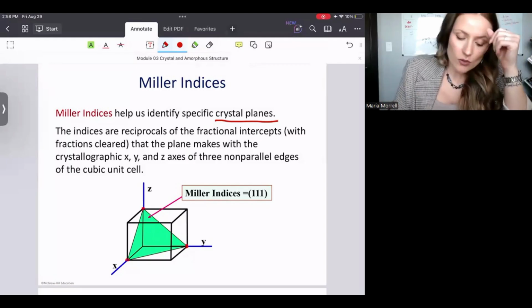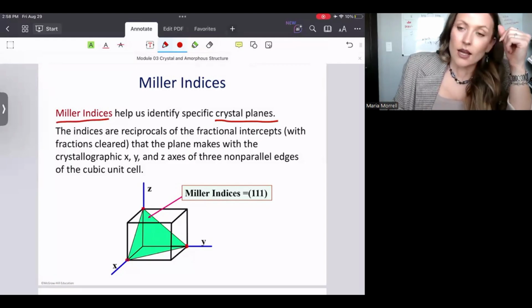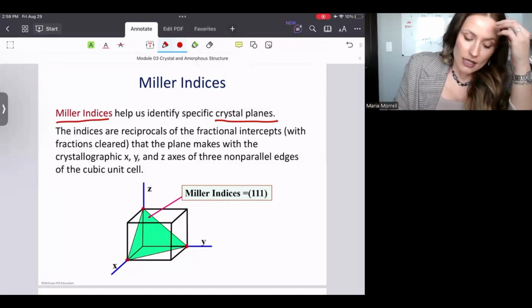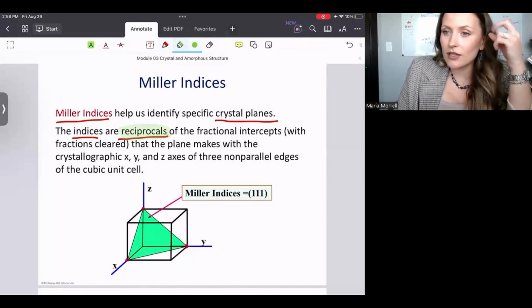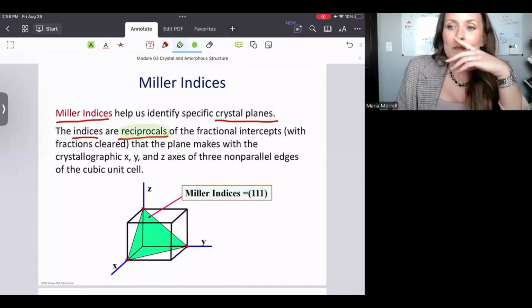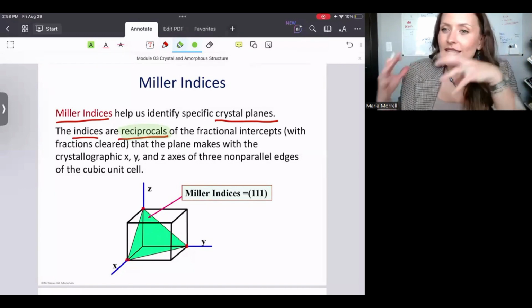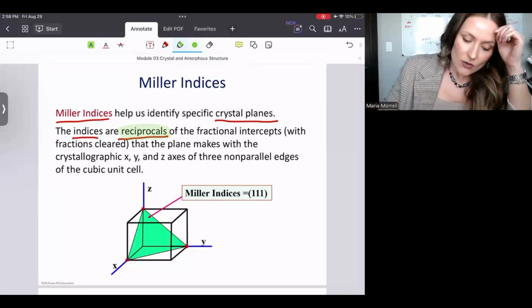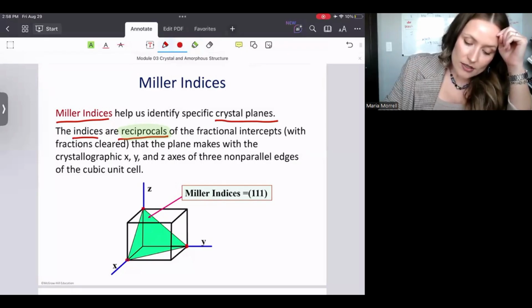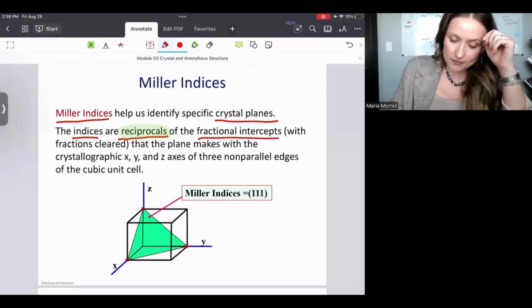And to identify those, we're using the Miller indices. What we need to keep in mind is that the Miller indices are reciprocals, and that's the key word here. Never forget about that part. Often during the exam, students understand what they're supposed to do, but they forget the reciprocal part. So the indices are reciprocals of the fractional intercepts.